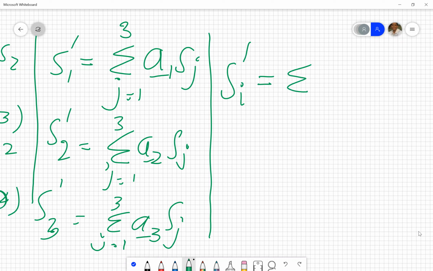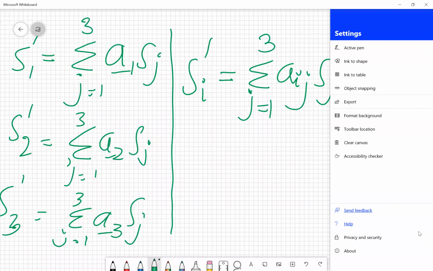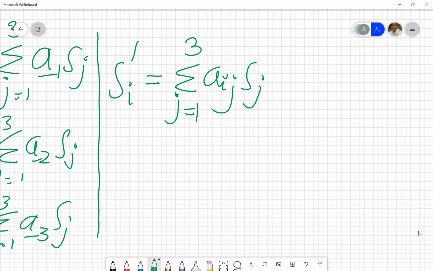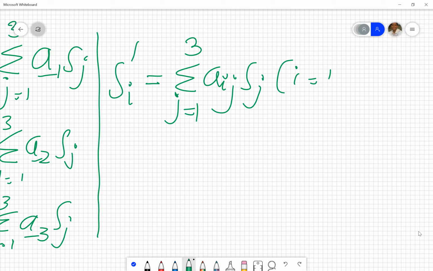It is the summation of j equal to 1 to 3 of aij sj. In brackets, I am writing i equal to 1, 2, 3. Now this is the full-fledged equation, that is equation 5.